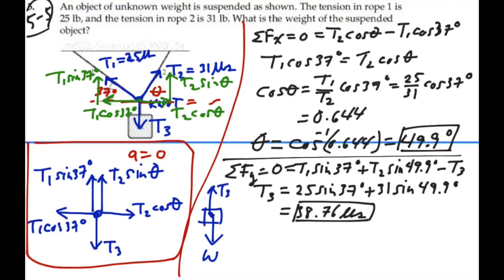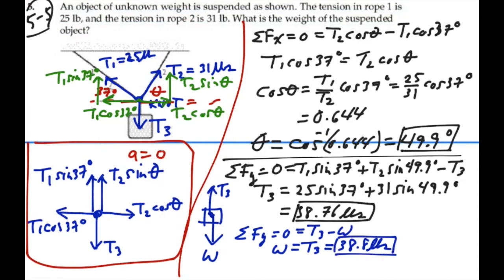So by equilibrium in the y direction, the summation of the forces in the y direction should be equal to 0. That would be tension 3 minus the weight. In other words, the weight will be equal to tension 3, 38.8 pounds, and that would be the weight of the suspended object, 38.8 pounds.